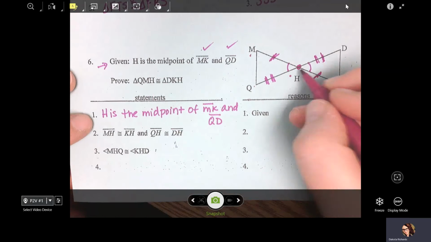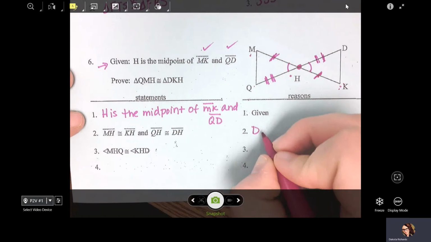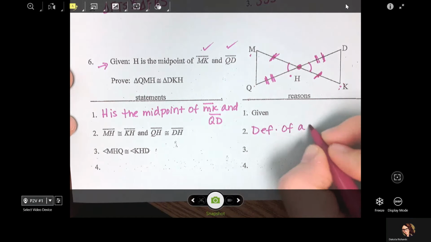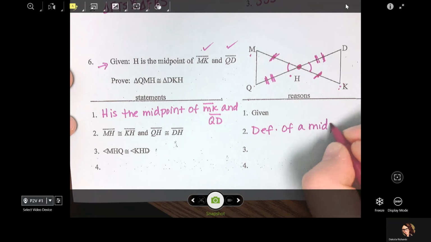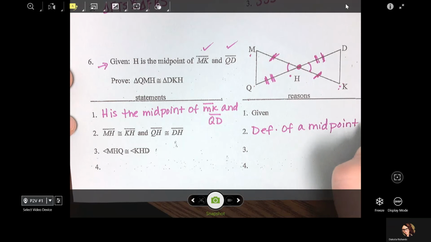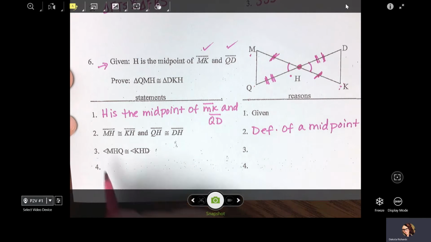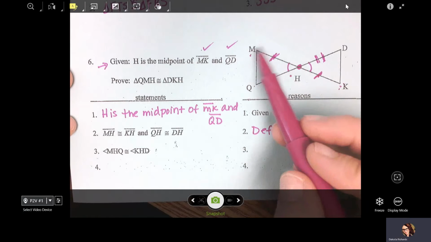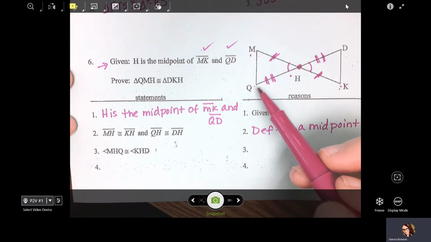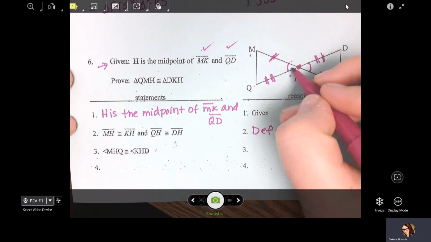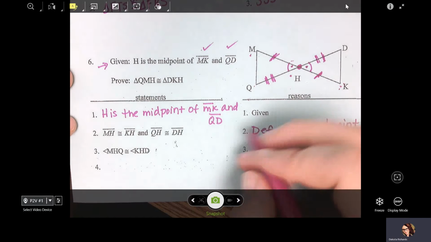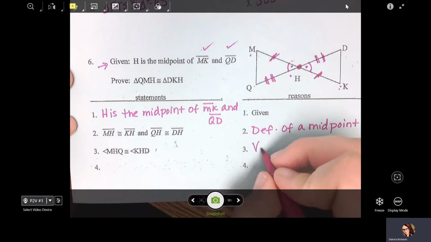We know that because H is the midpoint. So we just say definition of a midpoint here. Right? Angle MHQ, sorry, I misspoke. MHQ, that's here, is congruent to angle KHD, that would be here. So those are congruent because of the vertical angles theorem.